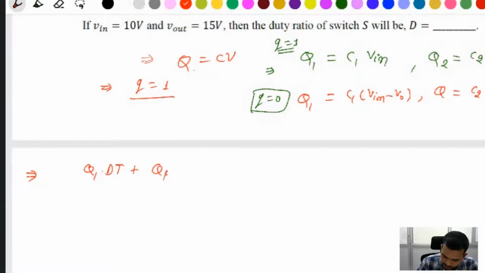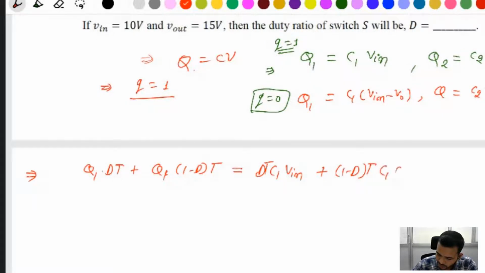So Q1 into dT plus Q1 into (1 minus d)T, when the switch is on and when the switch is off, is d C1 V in plus (1 minus d) T, sorry, dT and C1 (V in minus V naught).